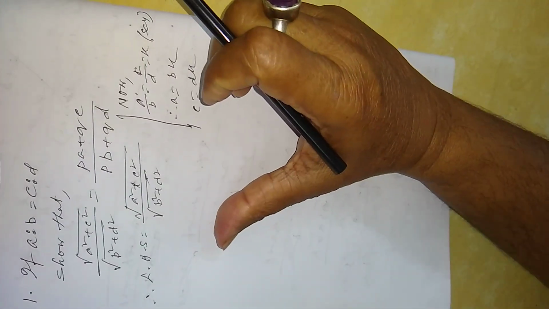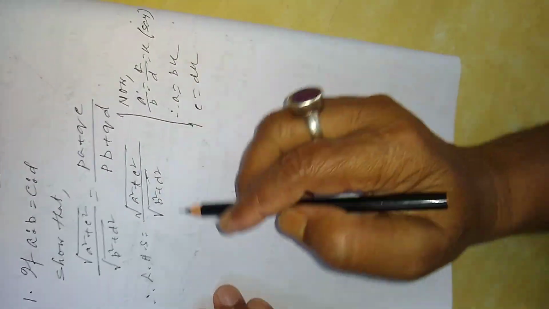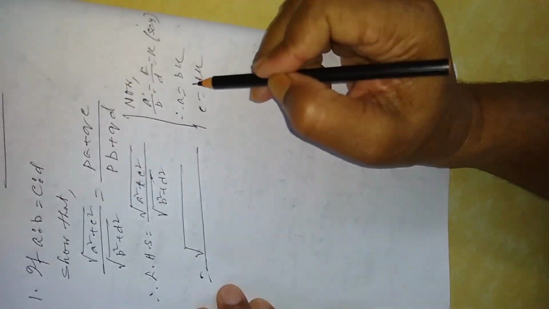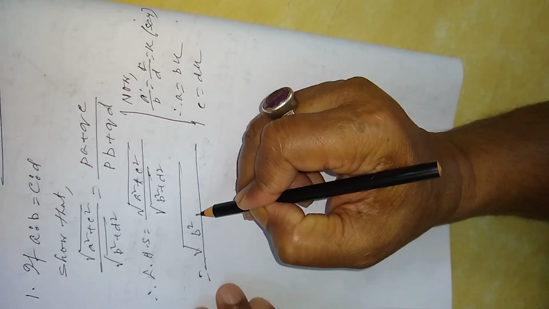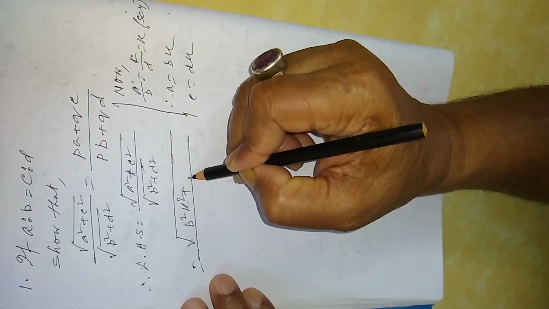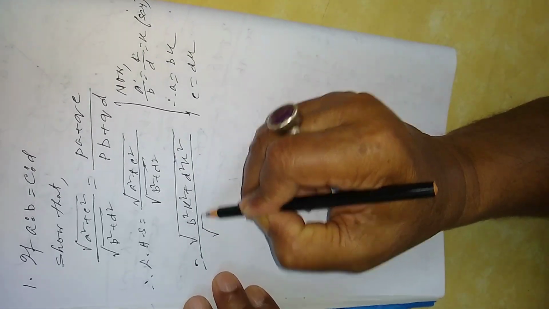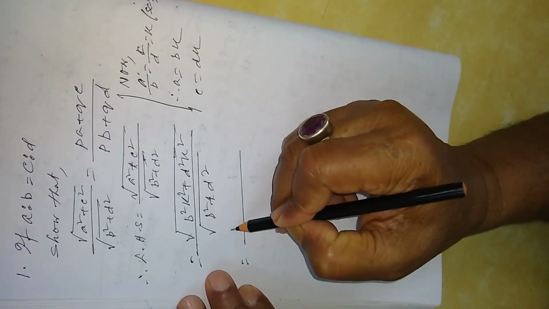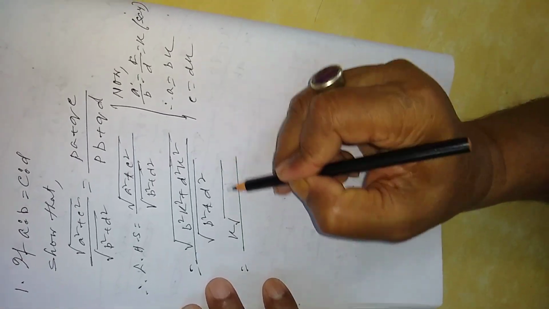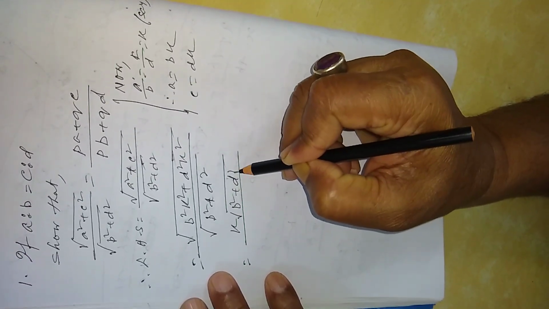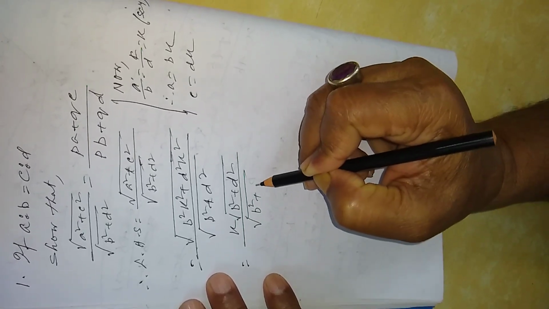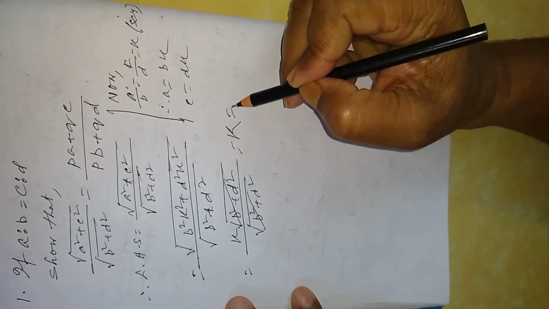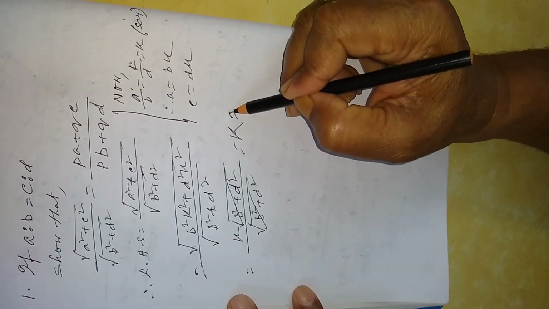Putting the value of A and C here, the numerator portion, A is equal to BK, therefore B square K square, C is equal to DK, D square K square, divided by root over B square plus D square. So K into B square plus D square divided by B square plus D square is equal to K, left hand side.